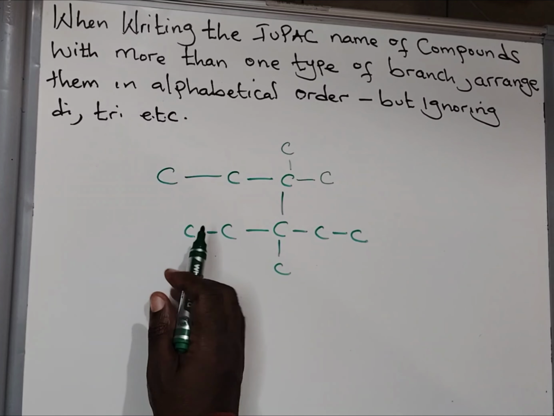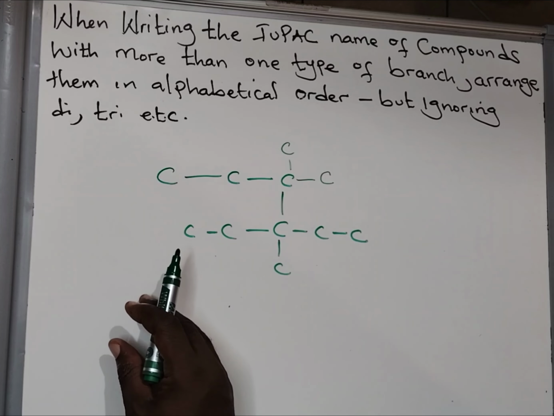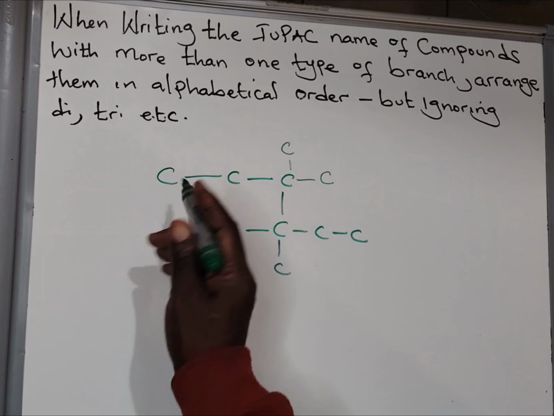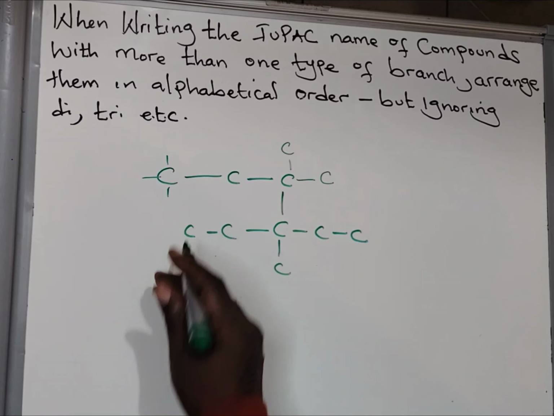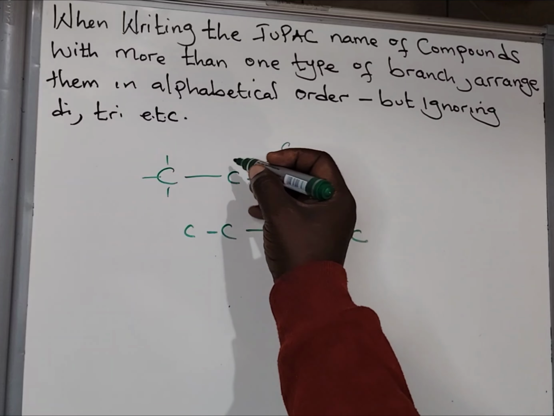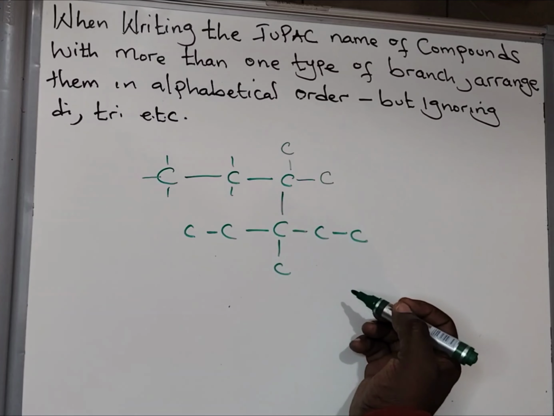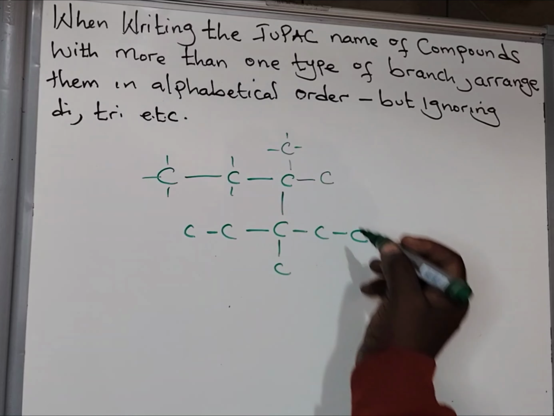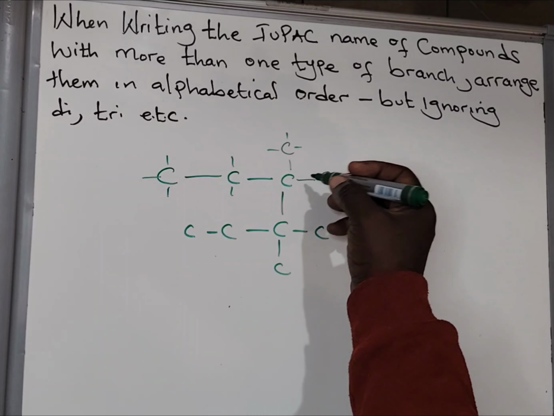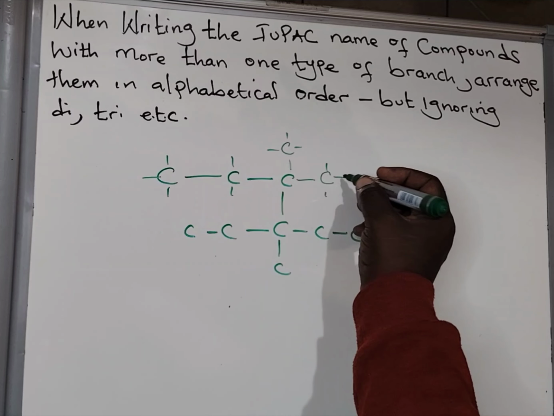Remember, every carbon must exercise a covalence of 4. So this one has 1 bond, is missing 3. This one has 2, is missing 2. Okay, this one has 1, is missing 3. This one has 1, is missing 3.